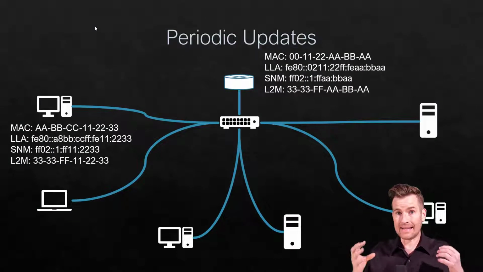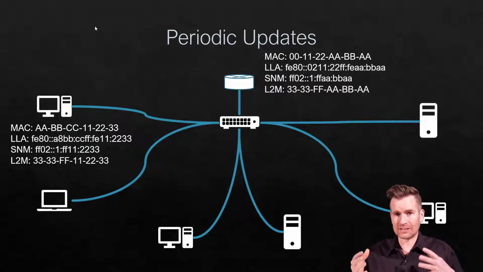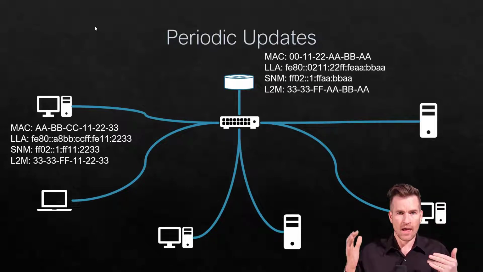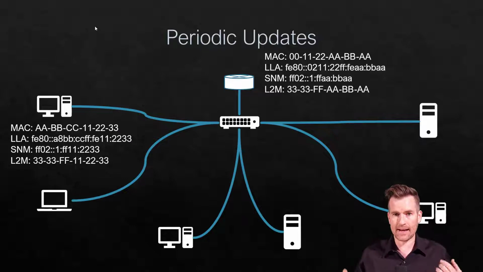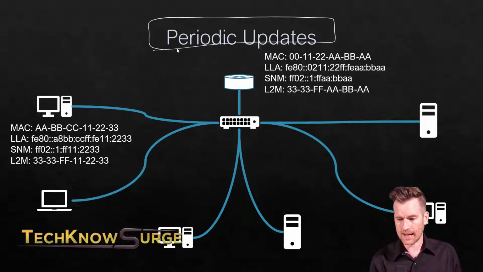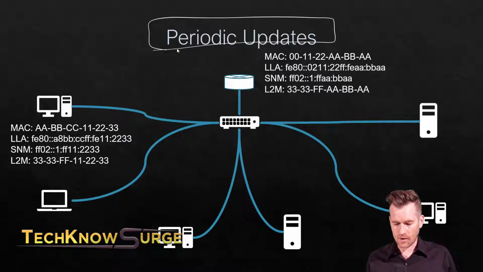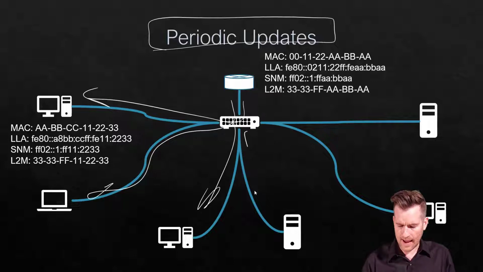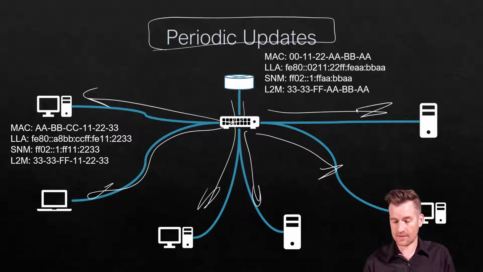So the idea behind IPv6 is everything needs to be dynamic, and things are dynamically changing. So things can constantly update and adjust. Part of this is that there are going to be periodic updates sent out. Every once in a while, it'll send out a new router advertisement, so all devices are going to get that.